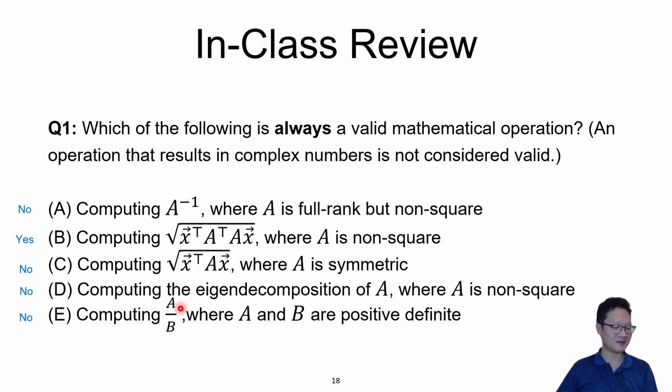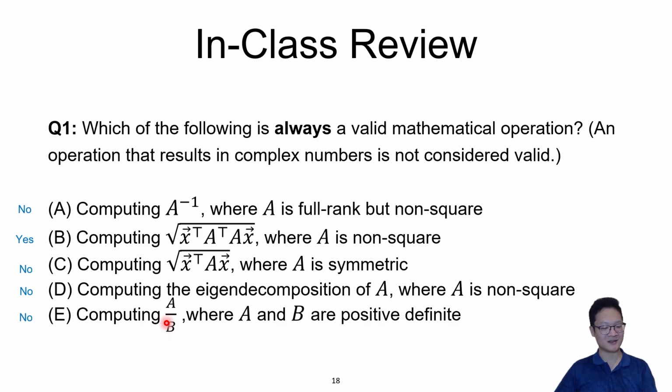So we cannot divide matrices. The closest thing to dividing matrices would be multiplying by the matrix inverse. So maybe you can think of this A divided by B as A B inverse, right? But strictly speaking, we cannot divide.